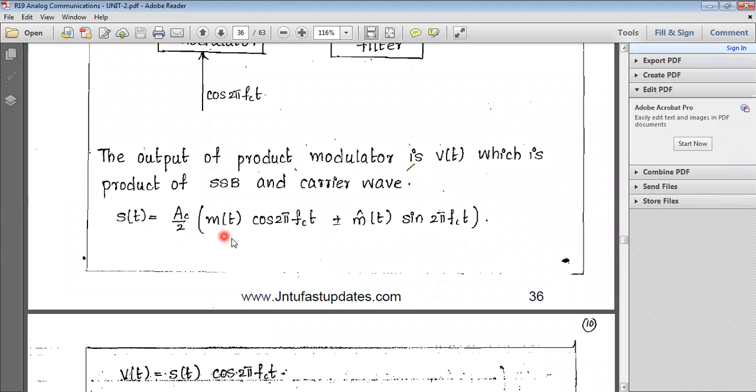S of t equals Ac by 2 into m of t cos 2 pi fct plus or minus m cap of t sin 2 pi fct. One band takes plus, for the other band it becomes minus. Here m of t is the original message signal and m cap of t is the out of phase signal.